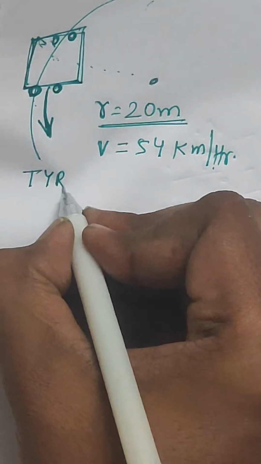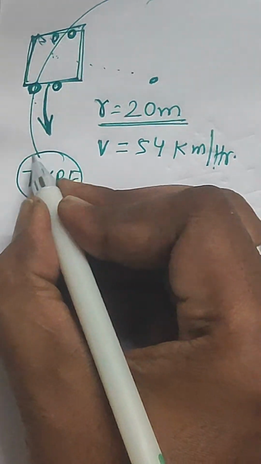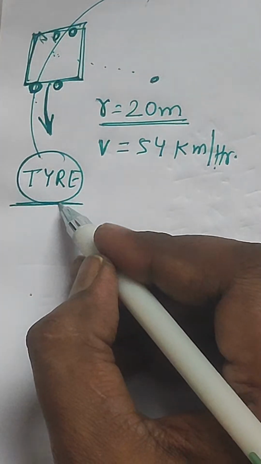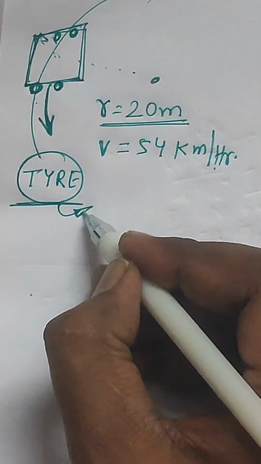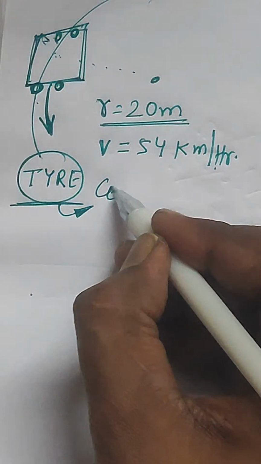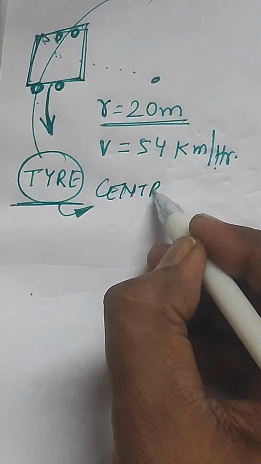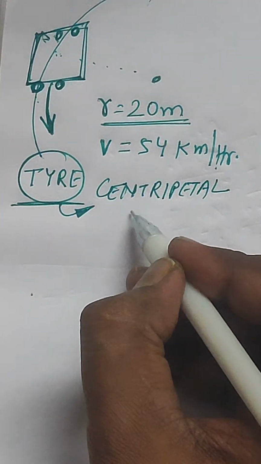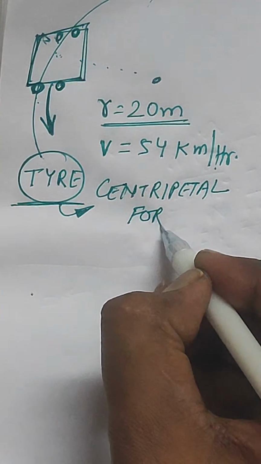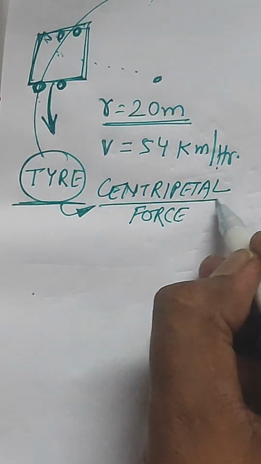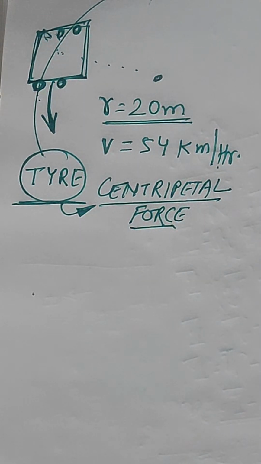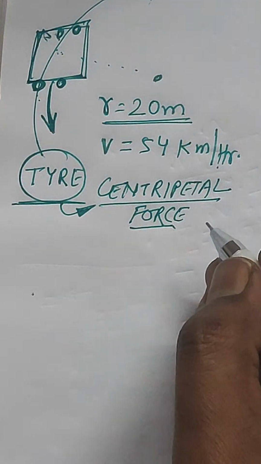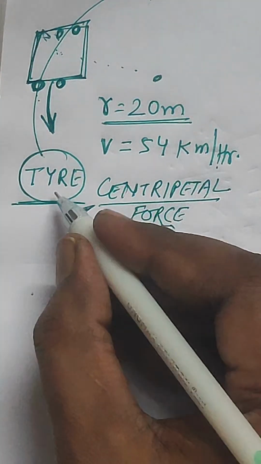Let us say the tire is here and this is the ground. So from here we get the centripetal force, which prevents the car from skidding. This centripetal force is provided by the friction between the tires and the ground.